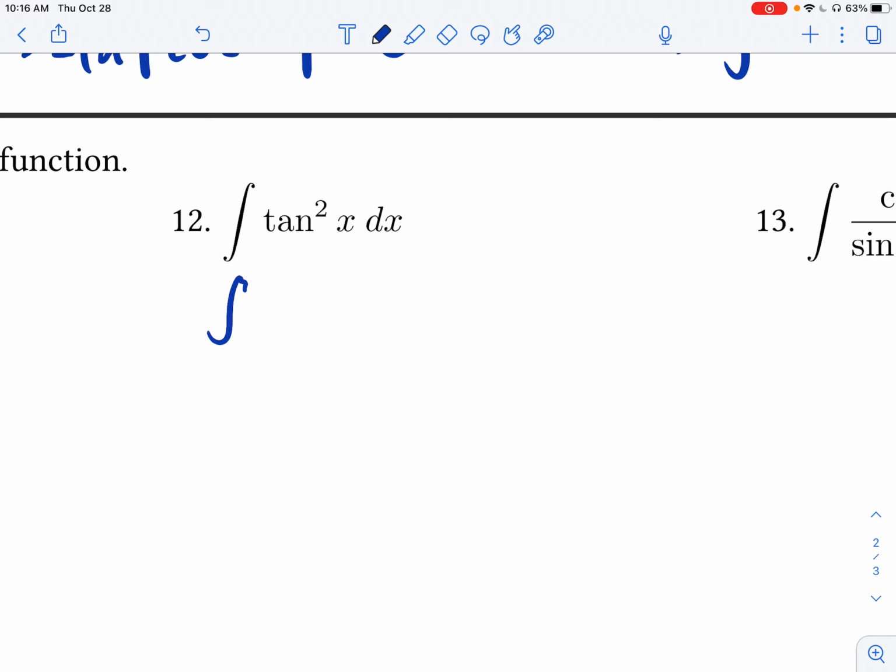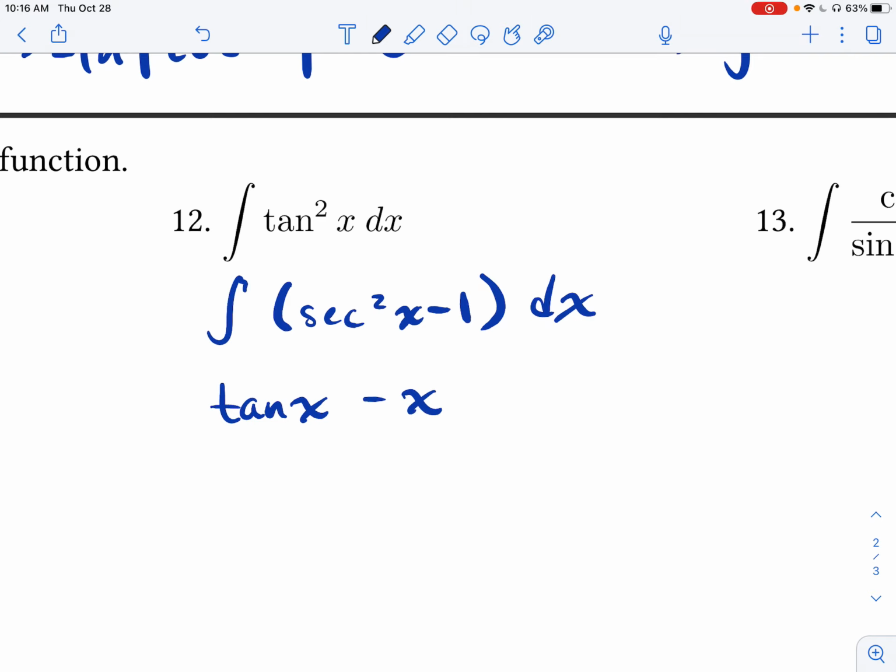But if I can use a Pythagorean identity to rewrite tangent squared x as secant squared x minus 1 dx, then I can split this up into two separate integrals, or I could just think of integrating each term. What is the integral of secant squared x? Well, that is simply tangent x. What is the integral of -1? That is negative x plus c.